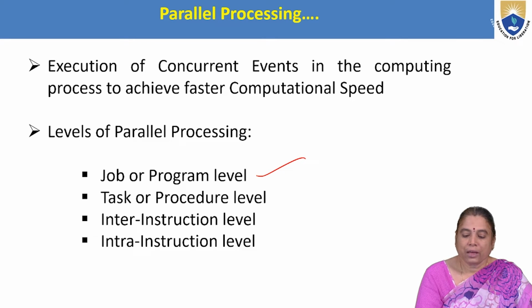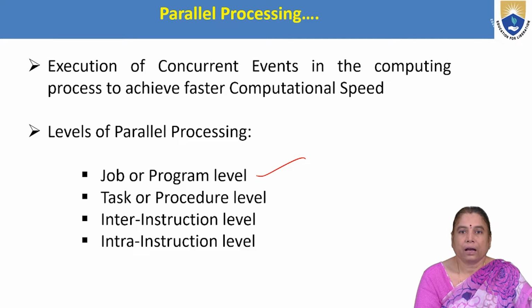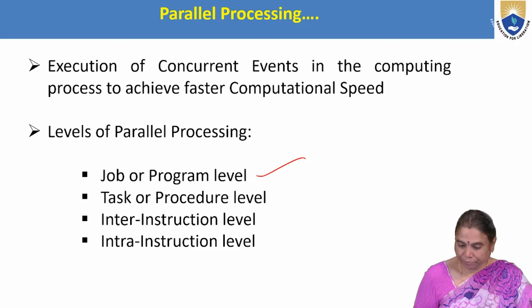At the task or procedure level, with the multi-threading concept, tasks can be executed in parallel. At the inter-instruction and intra-instruction levels, the parallel processing concept can be applied with function calling mechanisms and multiple program data sharing mechanisms.